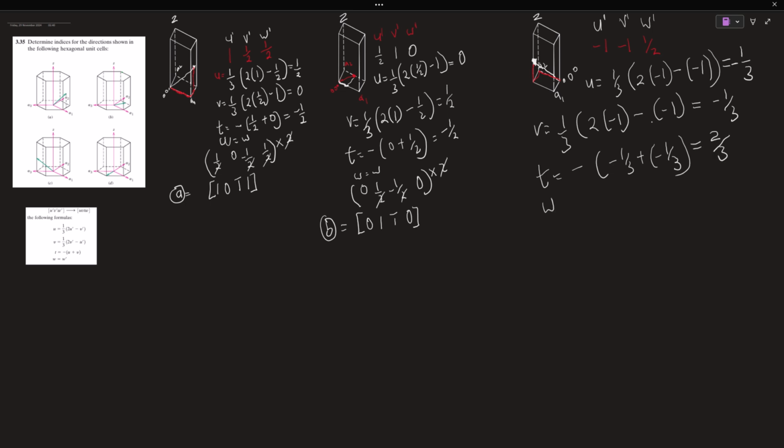Then our W remains itself, which is 1/2, or W prime remains W. So we have -1/3, -1/3, so 2/3, then 1/2, multiplying all through by 6. 2 in here, 3, so 3 times that we have 3. 3 in here, 1 in here, 2 times 2 we have 4. 3 in here, 1 in here, 2 times that we have -2, another -2.